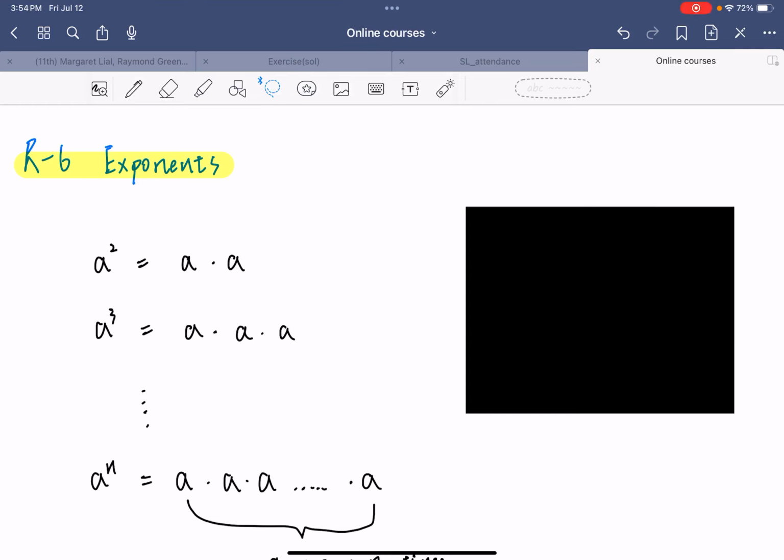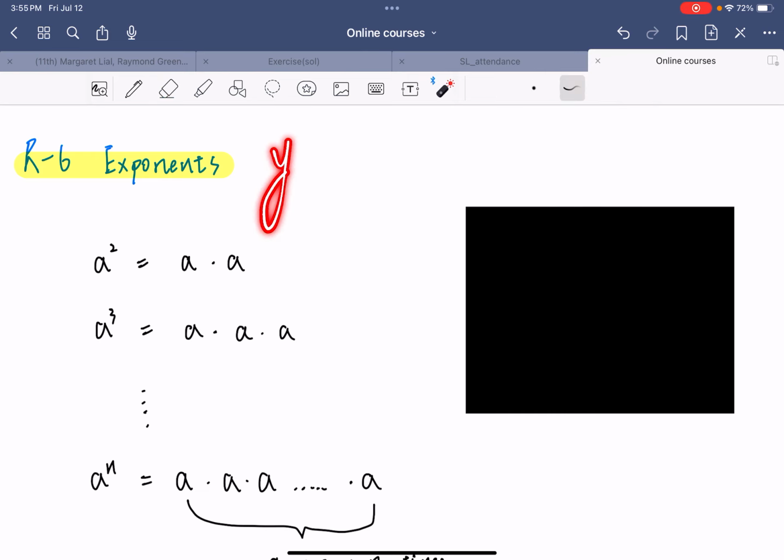Okay, so right now we're going to explain another concept that's called exponent. And actually we already saw this concept in the previous lessons. Like we have already seen x with power of 3, x with power of 2, and we write them in the polynomial.